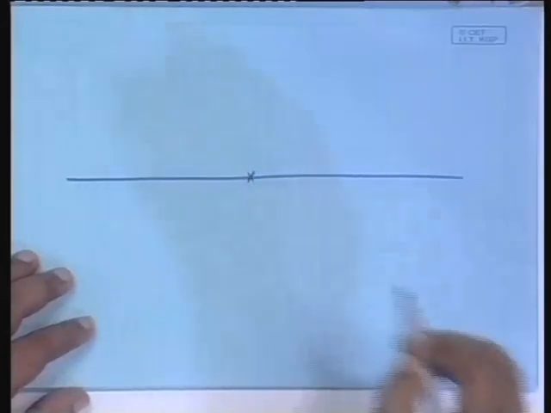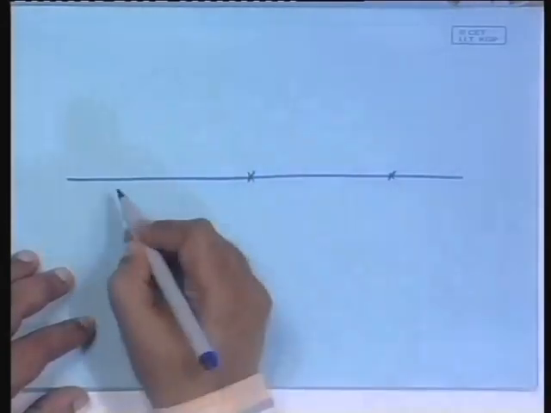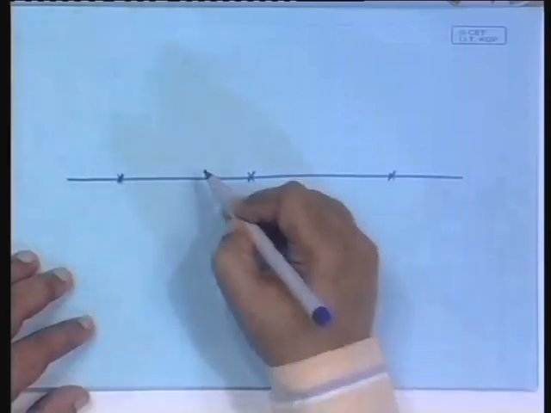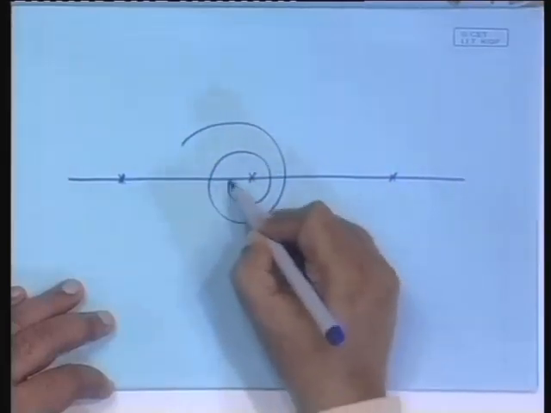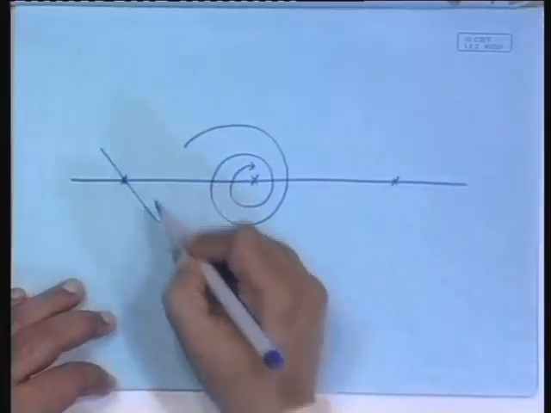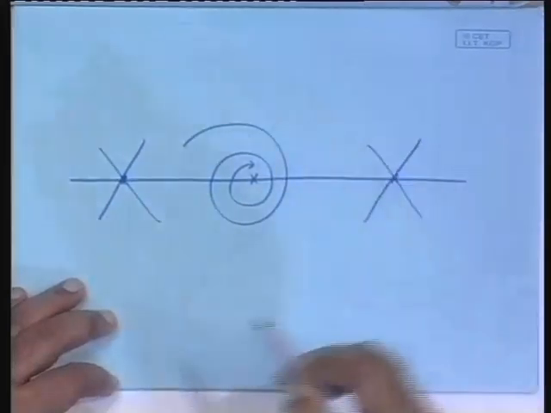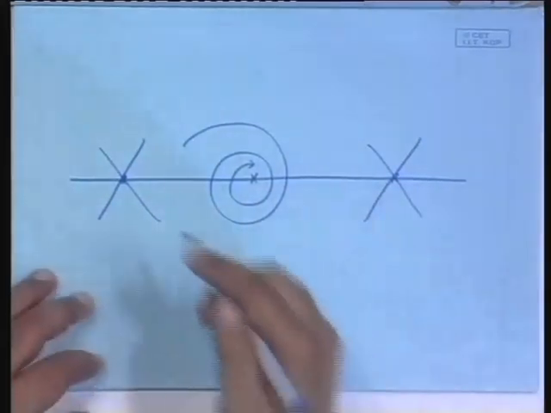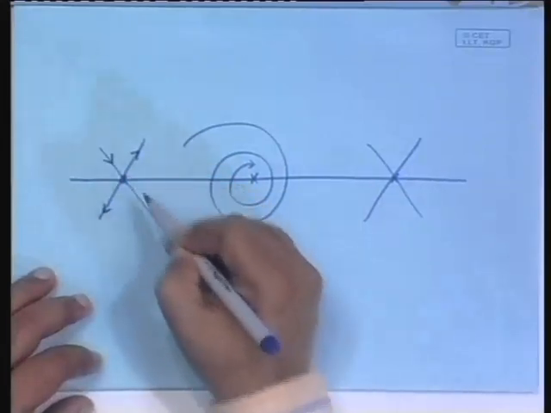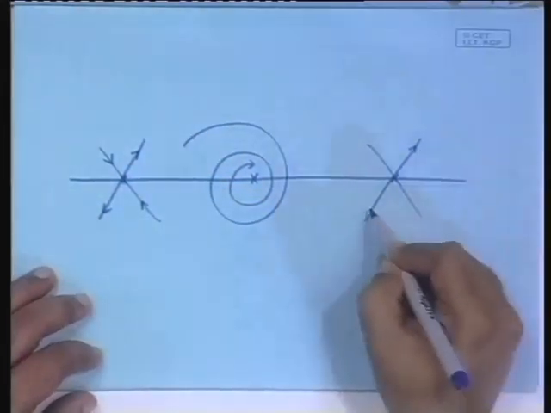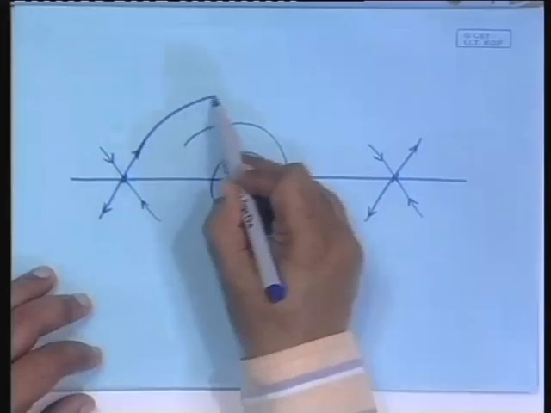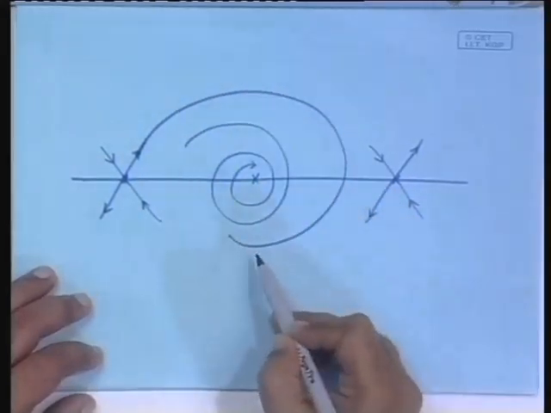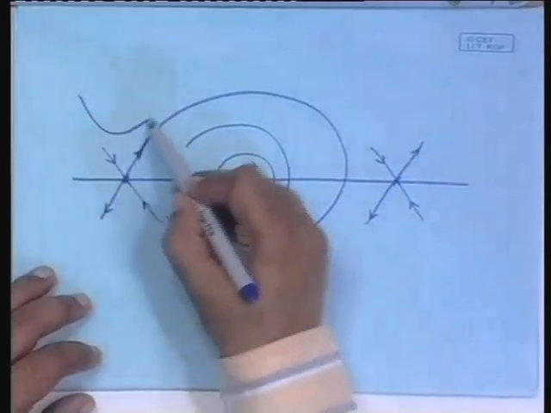If you have a pendulum with friction, suppose these are the 3 equilibrium points, and here I know that the behavior is like so, and here I know the behavior is a saddle with eigenvectors going like this, eigenvectors going like that, and therefore this one will go like this, it will not go there, but from here it will.